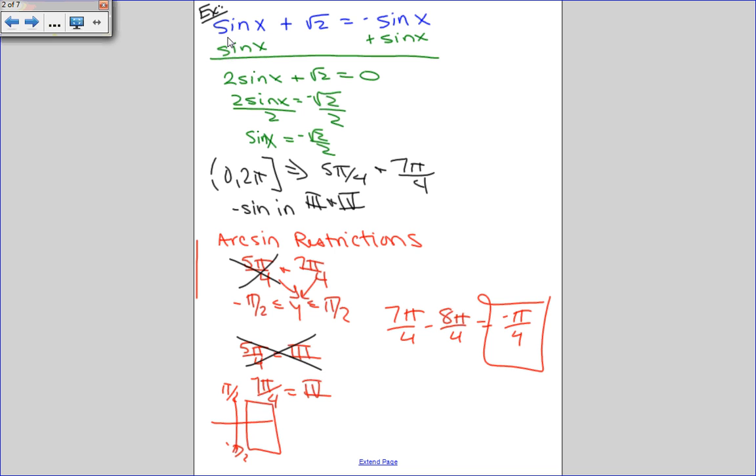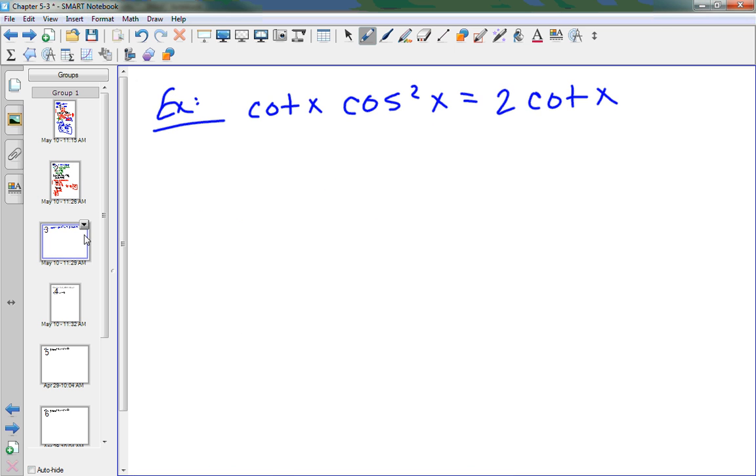You have to ask yourself two questions. Is negative square root of 2 over 2 in your domain? And yes, it is. And then what is my range? My range is from negative pi over 2 to pi over 2, which is why I have to find my coterminal, which is the negative pi over 4. Do we understand that value there and why we have that answer? Are we good with that? Some of you are zoning out on me. Next.